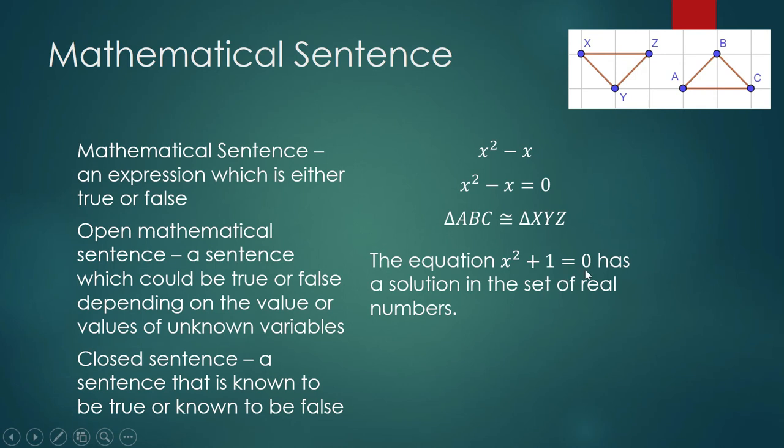It can't be equal to 0. Because in order for this to be equal to 0, x squared must be equal to negative 1. But x squared, for whatever value of x, doesn't become negative 1. It's always 0 or positive. So this one is a false mathematical statement. In particular, it is a closed sentence because it is known to be false.